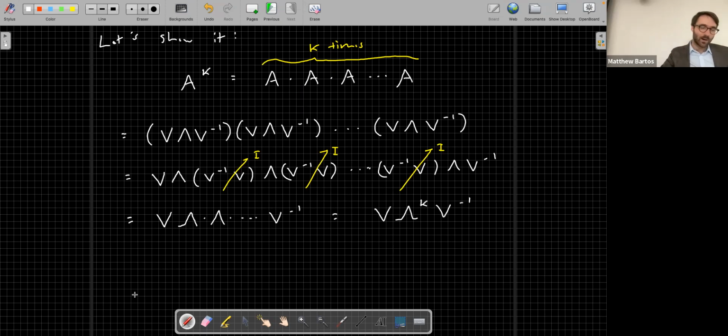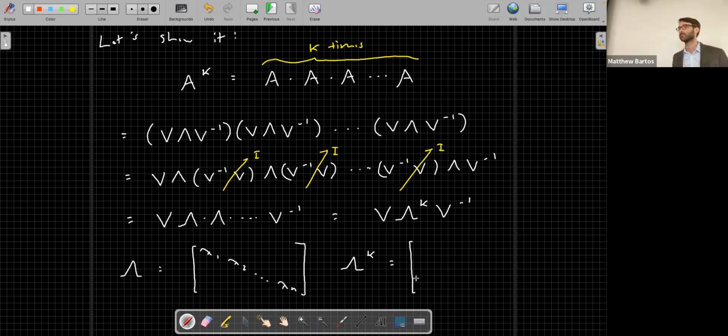And note that just from the properties of matrix multiplication, if we have a diagonal matrix lambda, what is lambda to the kth power going to look like? Yeah, so each of these elements along the diagonal will just be raised to the kth power. So we'll have lambda 1 to the kth power, lambda 2 to the kth power, and so on, all the way to lambda n to the kth power.